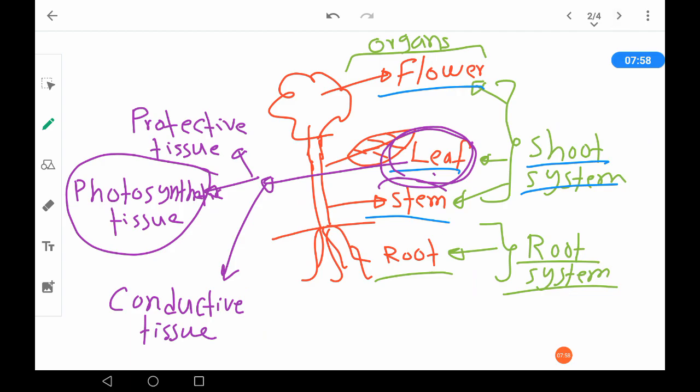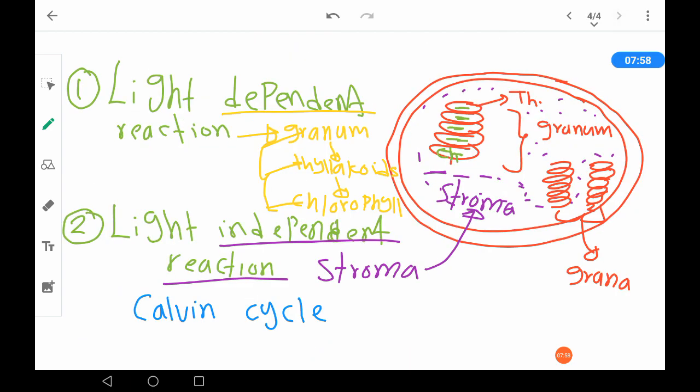In the light dependent reaction, H2O becomes oxygen. So from light dependent reaction, oxygen will be produced and H2O will be used.